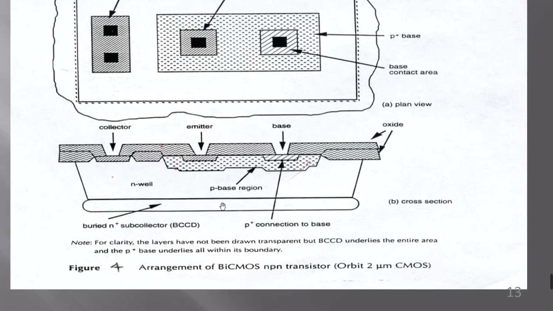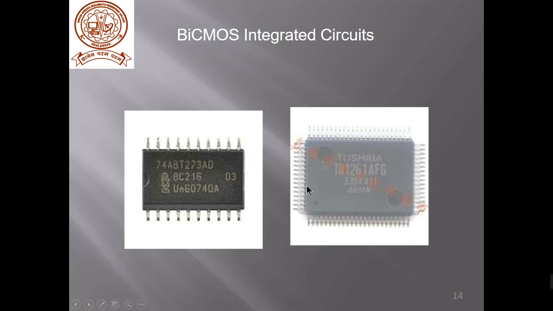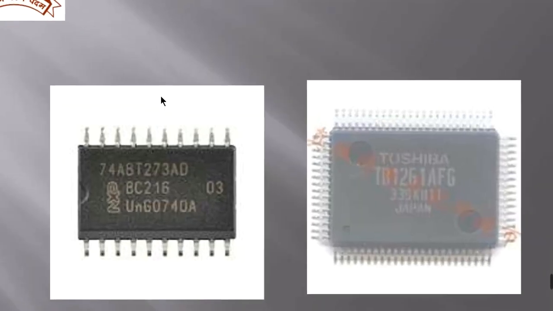In the cross-sectional view, the base is a P diffusion, the emitter is N diffusion and the collector is also N diffusion, and this is the P substrate, used with the N well. And these are some simple models for BiCMOS integrated circuits.